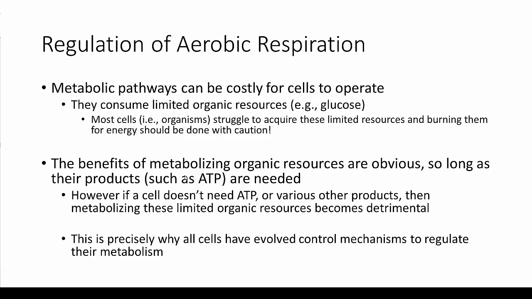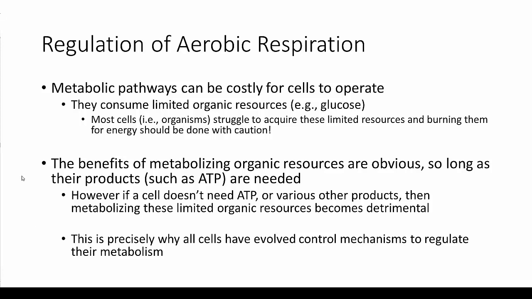Okay, now burning these resources is obviously a benefit because we produce ATP, which is needed by the cell for a variety of reasons. So it's obviously good to do that so long as the ATP is needed. One of the things that can happen though is an organism gets a bunch of organic resources temporarily, produces the energy it needs, and needs to stop producing energy for that point in time because it has enough to carry out the cell activity that it needs at that particular moment.